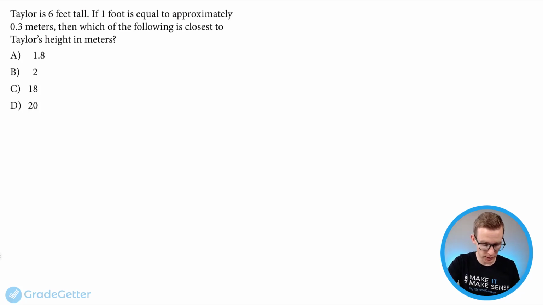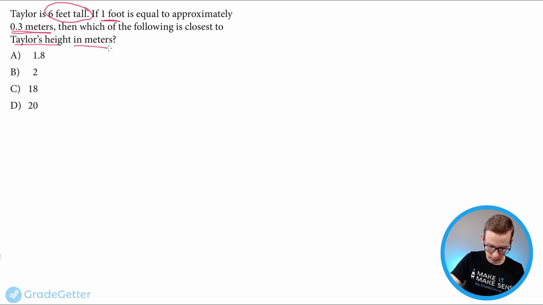Alright, so for this problem it says that Taylor is 6 feet tall. If 1 foot is equal to approximately 0.3 meters, then which of the following is closest to Taylor's height in meters? So this is going to be a conversion problem. I'm going to write down our original value for Taylor's height, which is 6 feet.